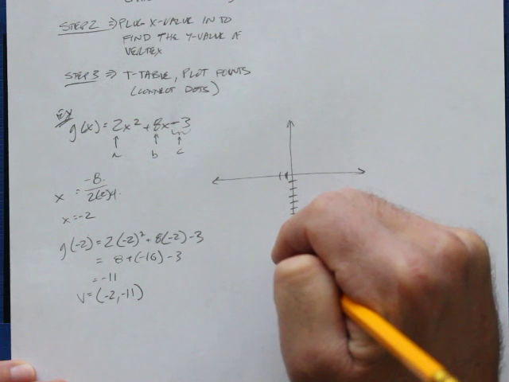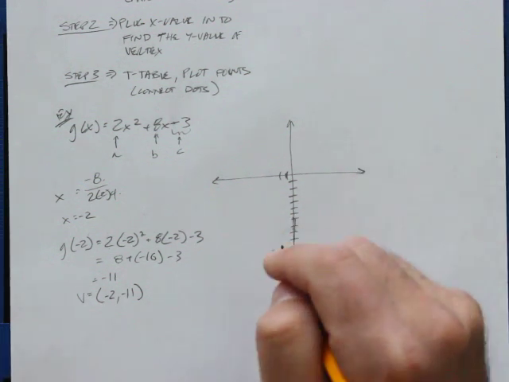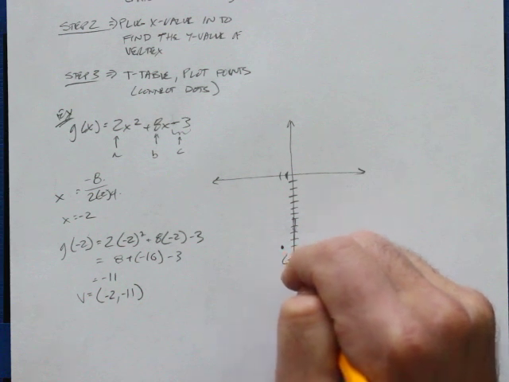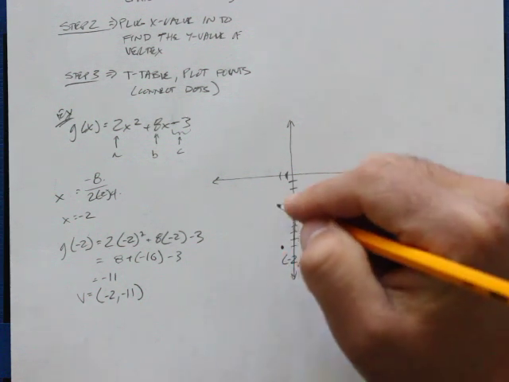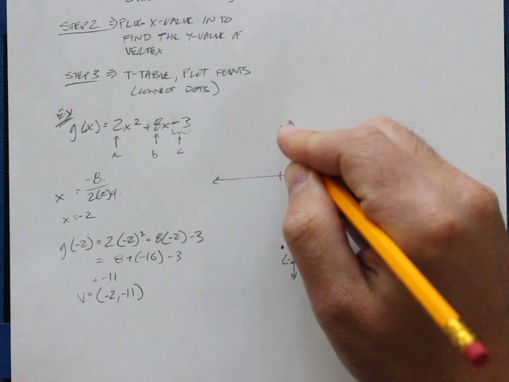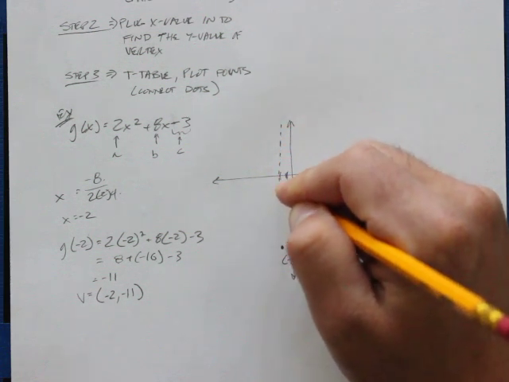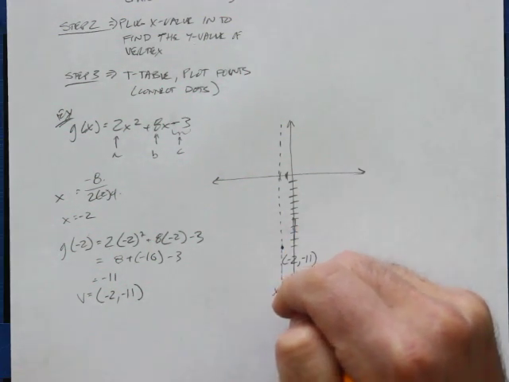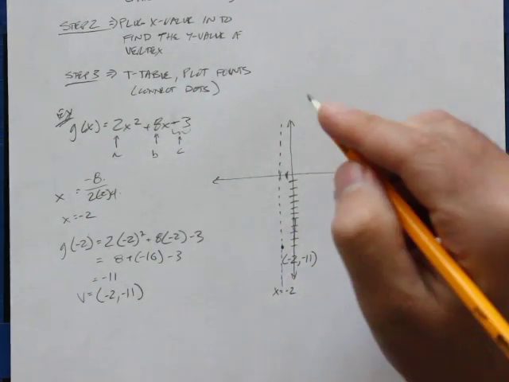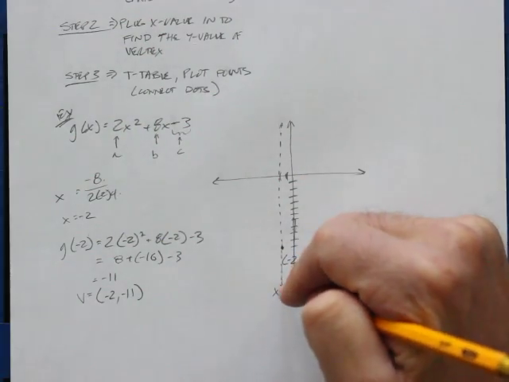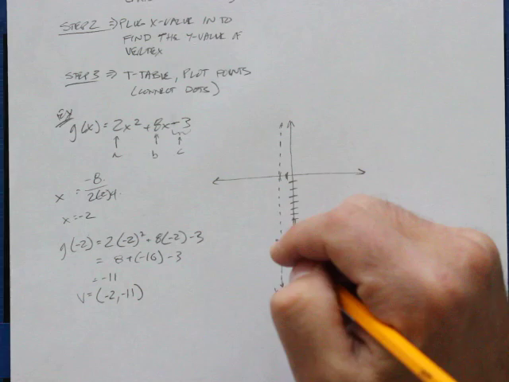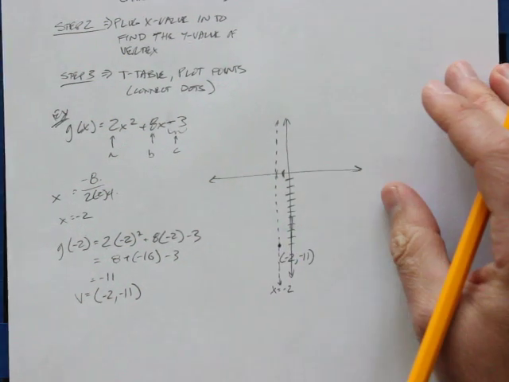There's my vertex, which is negative 2, negative 11. And my axis of symmetry is going to go like this. This is x equals negative 2. That's the line that is x equals negative 2. My axis of symmetry, that's where my parabola can fold over in half, right there along that line.